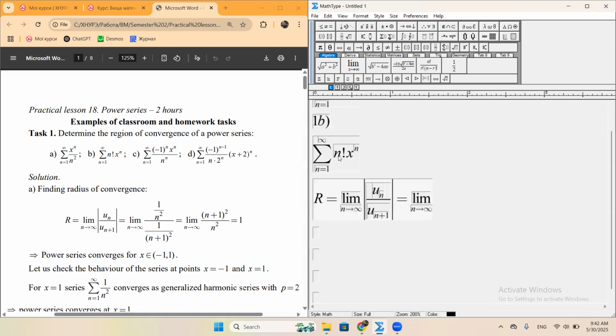Substituting the terms, n factorial and n plus 1 factorial.